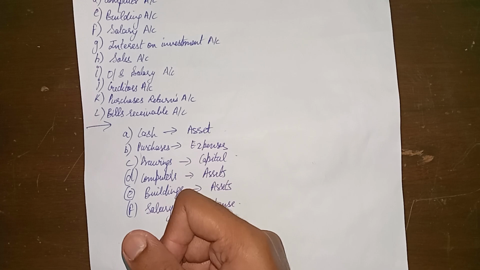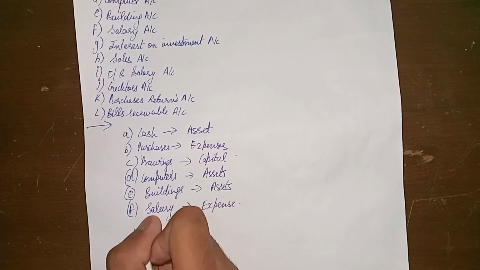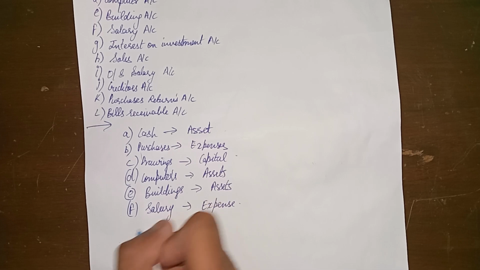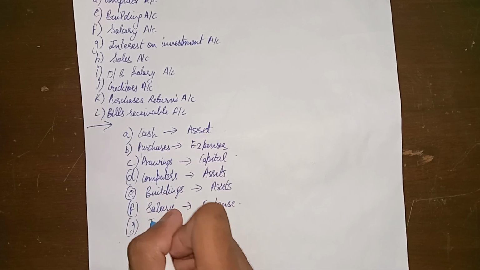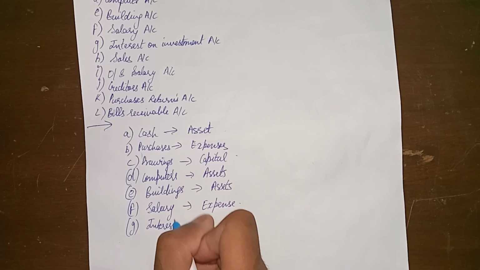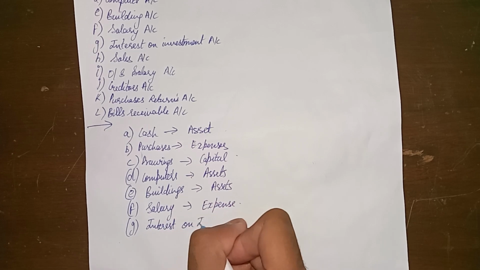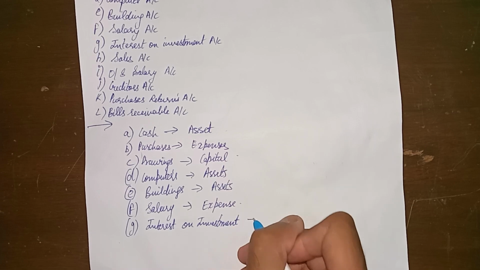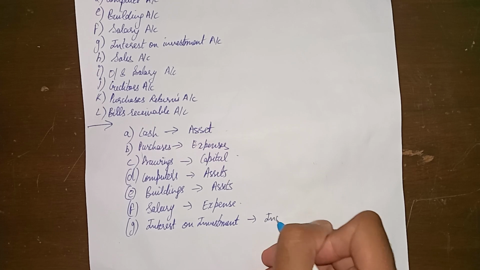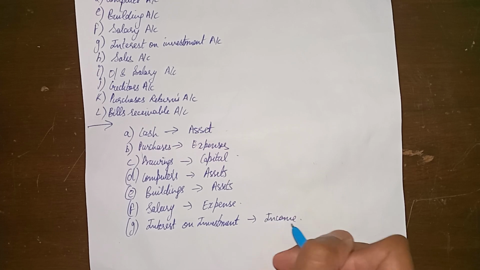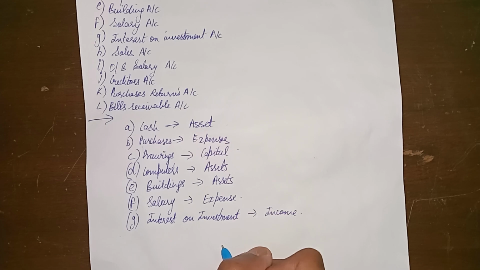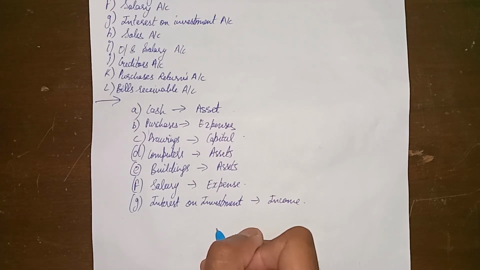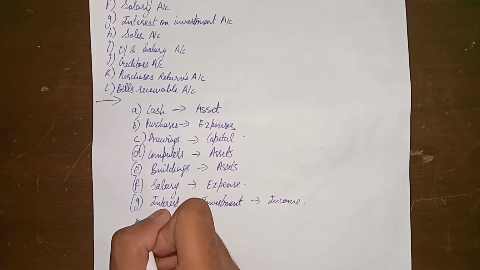What is it? It is an income, revenue. You can write either income or revenue. Sales are also income or revenue.